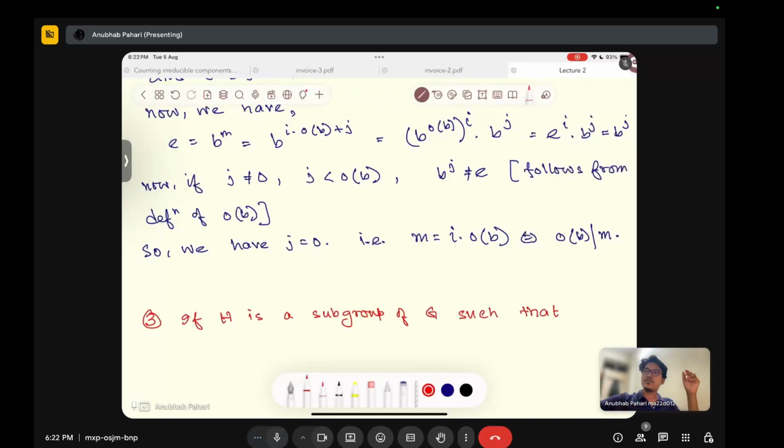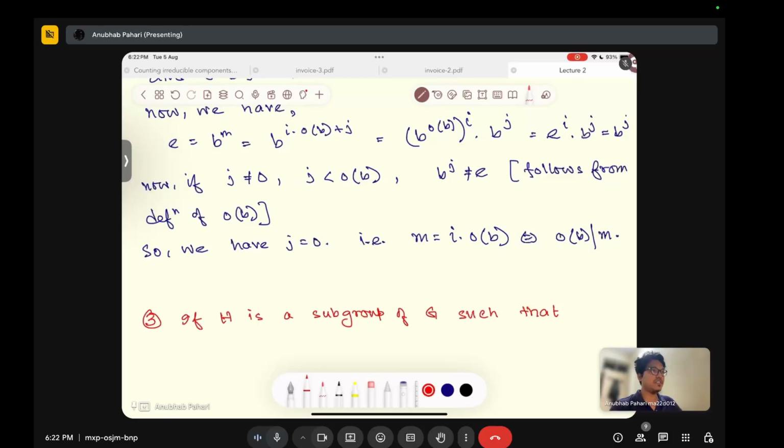So those who are missing something from my lectures, you can tell me, and later you can check Herstein's book. It's a quite compact and readable book also.